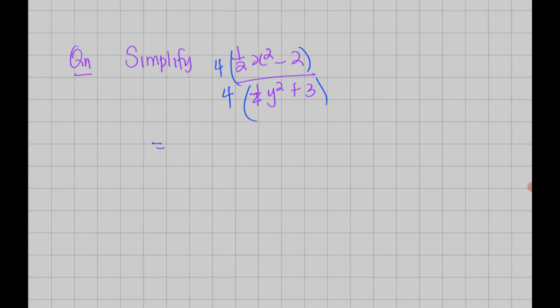So if we multiply 4 times half x squared, we get what? We get 2x squared, right? And 4 times minus 2, what do we get? We get negative 8, right? Over 4 times 1/4 y squared, what do we get? We get y squared. 4 times 3, what do we get? We get 12. So you may ask, why do we multiply with 4?